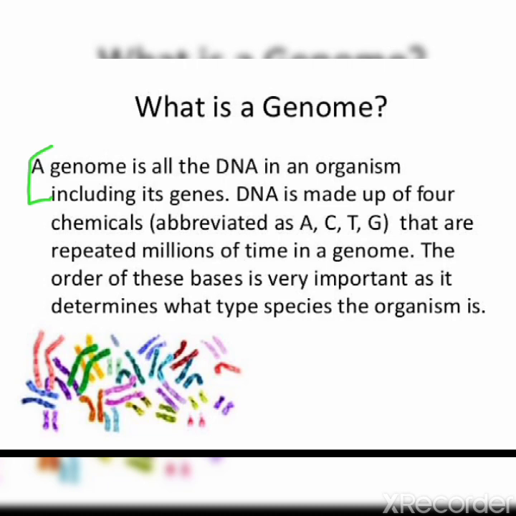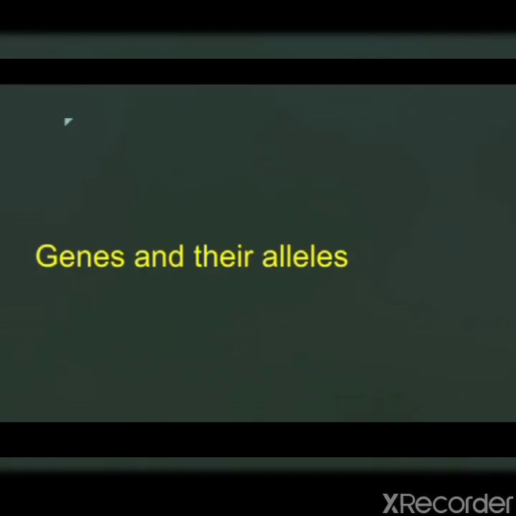DNA is made up of 4 chemicals, that is adenine, cytosine, thymine, guanine, that are repeated millions of times in a genome. The order of these bases is very important as it determines what type of species the organism is. Genes and their alleles.